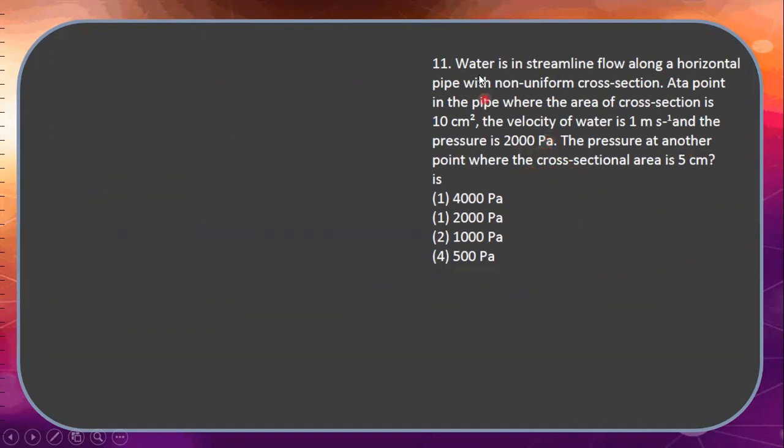Here one pipe is there. Water is flowing steadily, which means streamline flow, along the horizontal pipe with a non-uniform cross-sectional area.